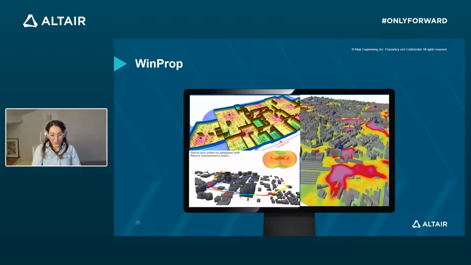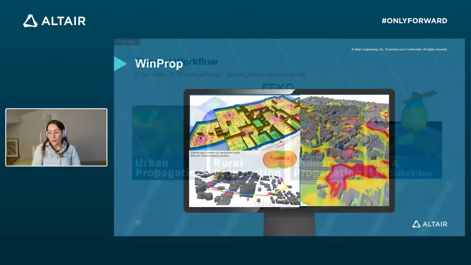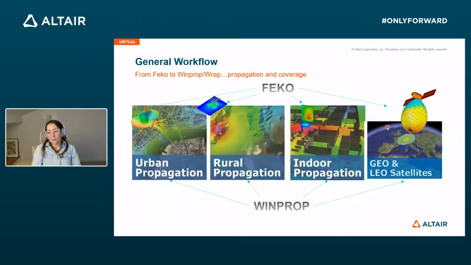Moving on to Windprop. So Windprop, as I've mentioned, is a radio wave propagation and network analysis tool. So moving from Feko, after having designed and analyzed and obtained the radiation patterns of our antennas, we can include them in Windprop, where we will also define the surrounding of our antenna.